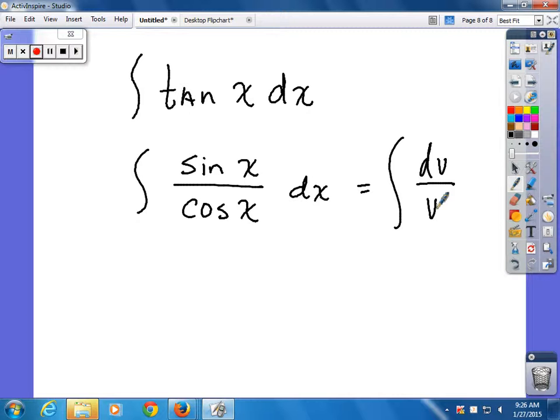Negative sine, right? So there would be a negative out front to go with that guy right there.